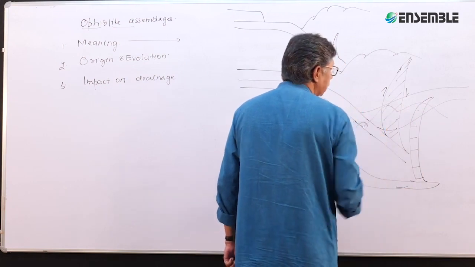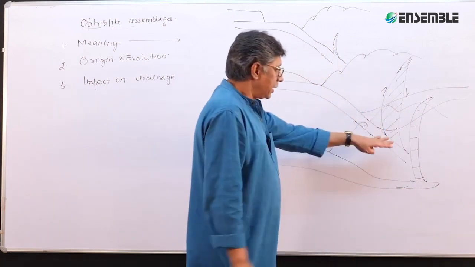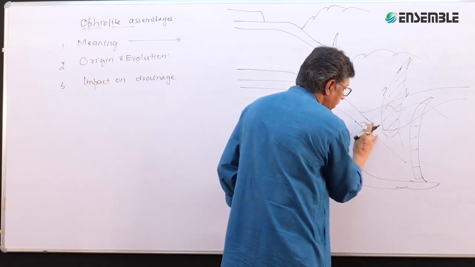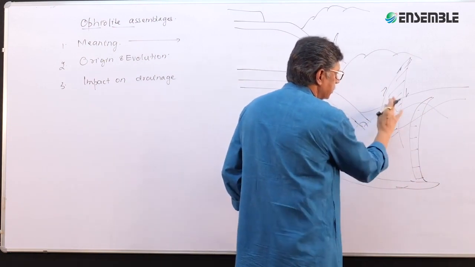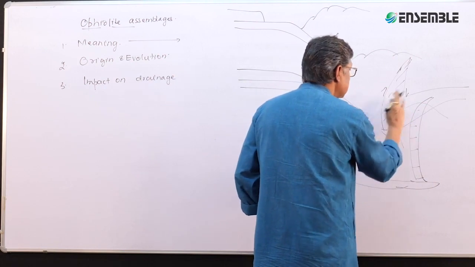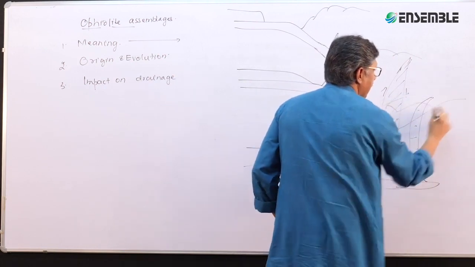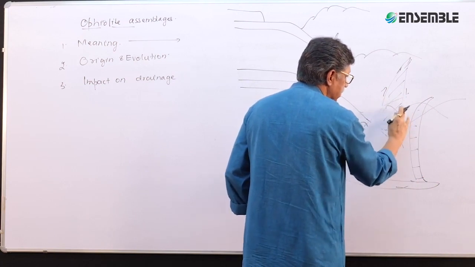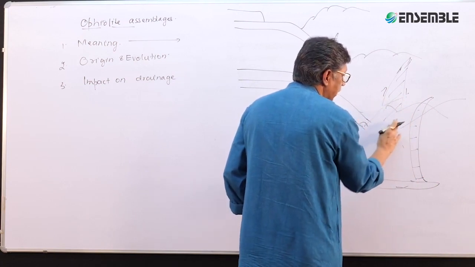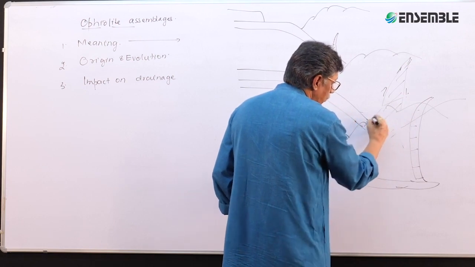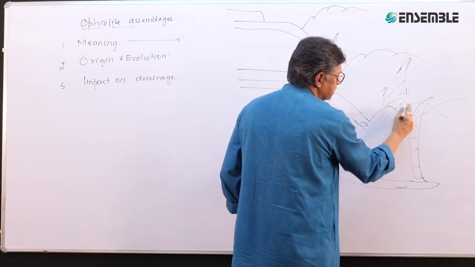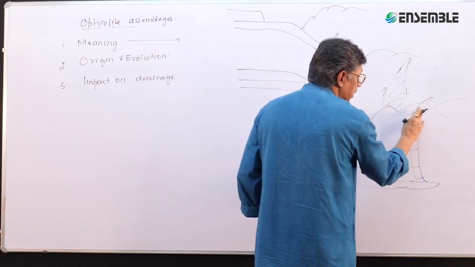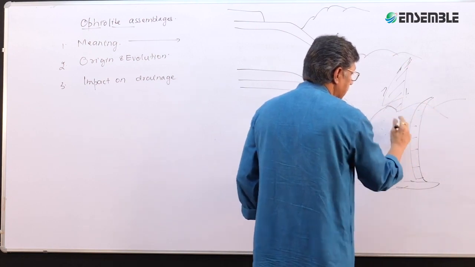Now, you understand, this is how exactly these mountains got themselves plastered in this case. And when they moved in such a manner, let's say this was the mountain mass, this is how plastering was taking place.